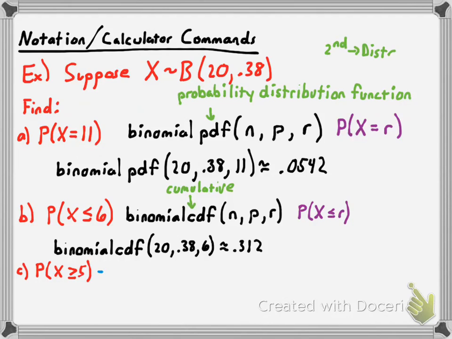If we're going to find the probability of at least 5 successes, but our calculator only knows how to tell us the probability of up to a certain number, well, we have to start using the complement of the event. The probability that x is at least 5 is equal to 1 minus the probability that x is less than 5. All right, the equal to part really doesn't matter for us overly much here.